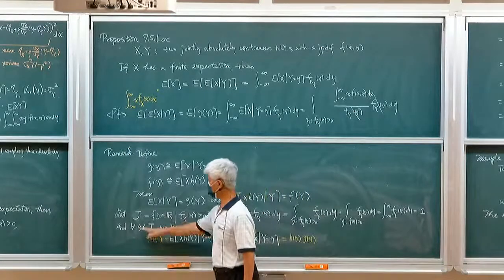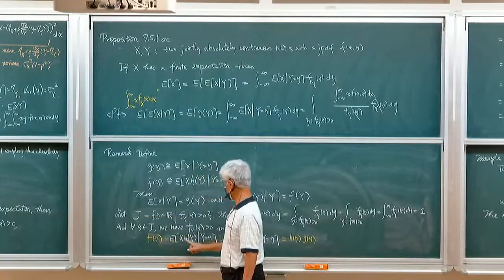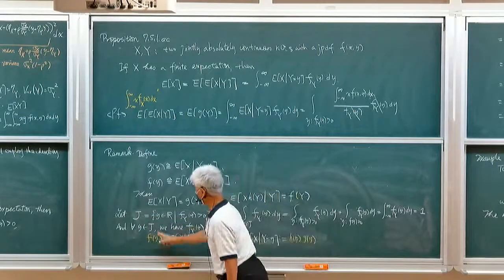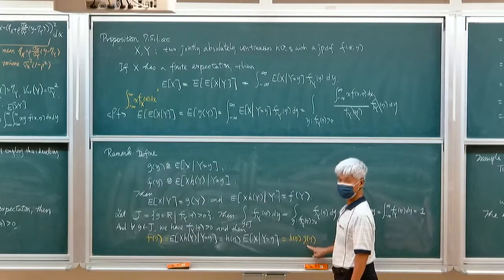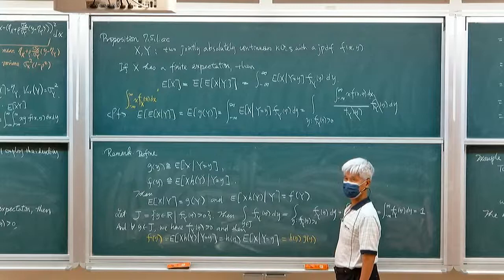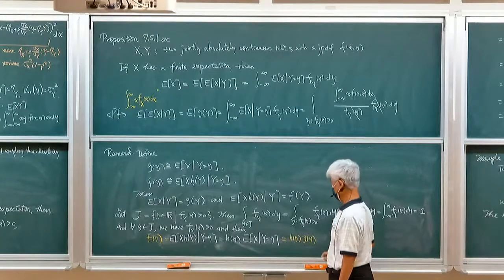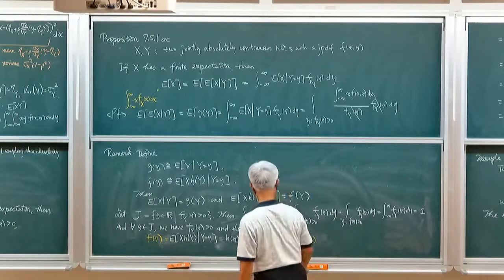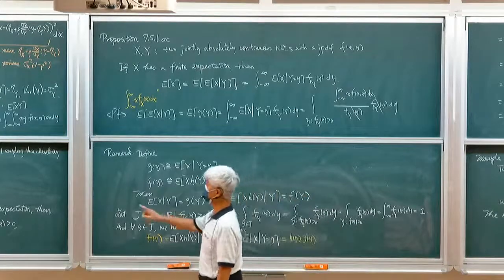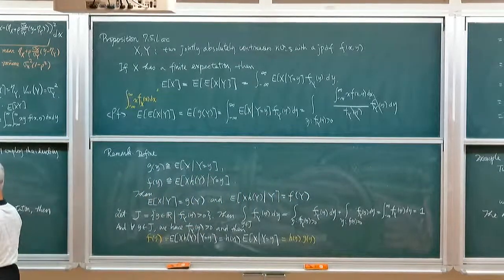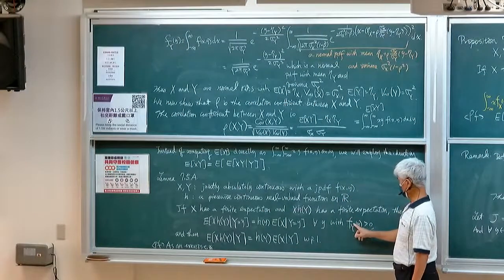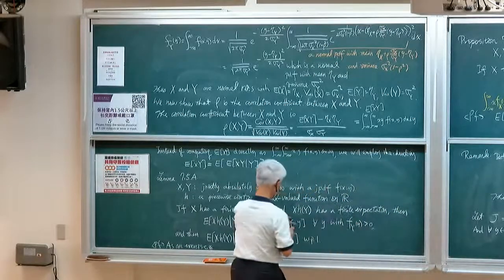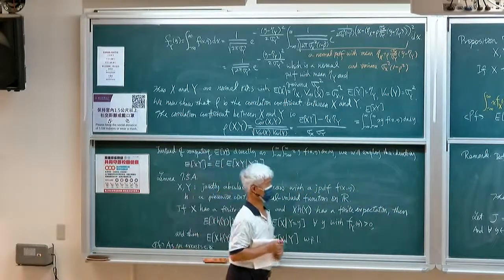So if little y is not in J, then f of y may not be equal to the product of h(y) and g(y). Why? The reason is the expectation. By our definition, if the marginal PDF of capital Y is 0 at y, then by definition, this is the unconditional expectation.